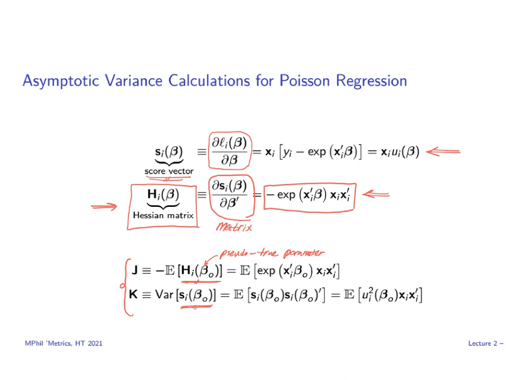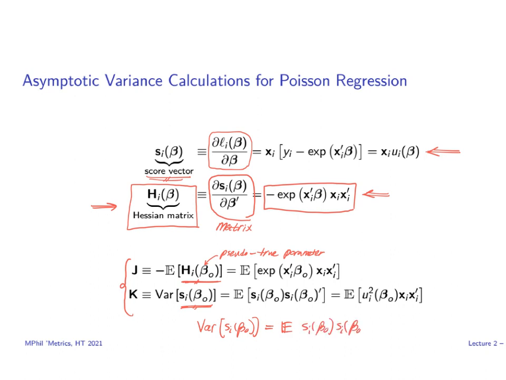And because we know that the score vector will be 0 at the population analog of the maximum likelihood estimator, namely at the pseudo-true parameter value, this variance doesn't actually have to have the second term in it.